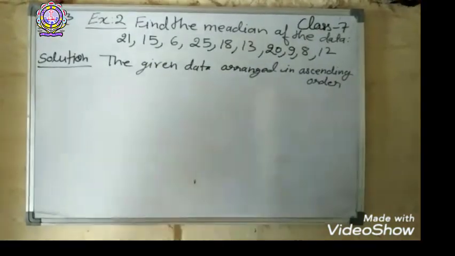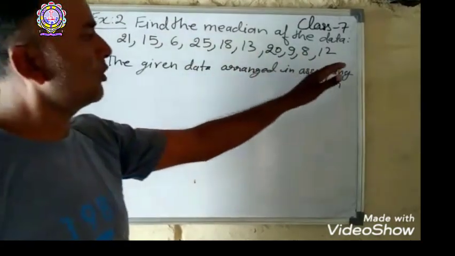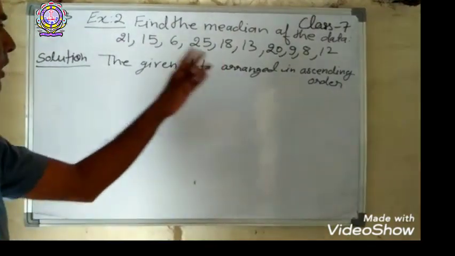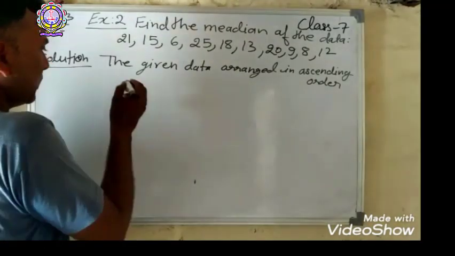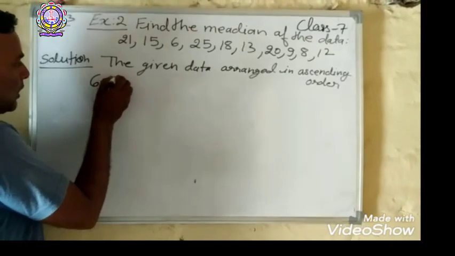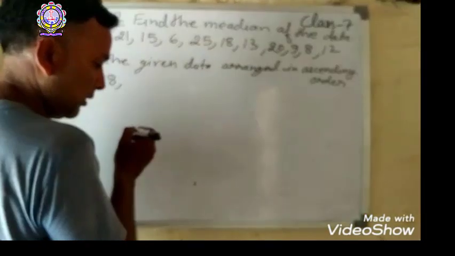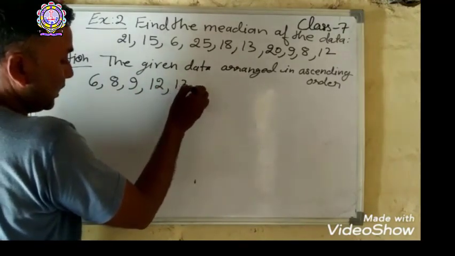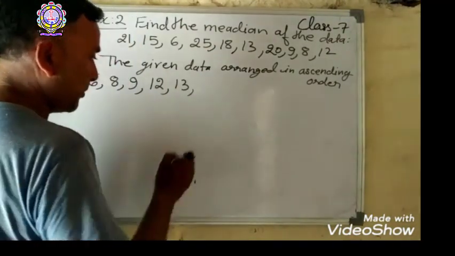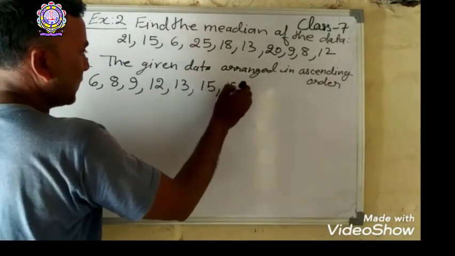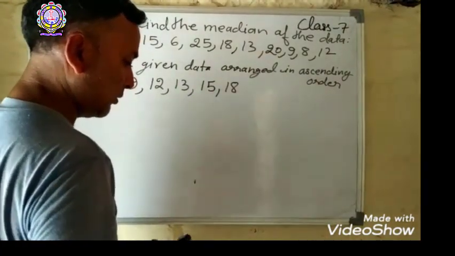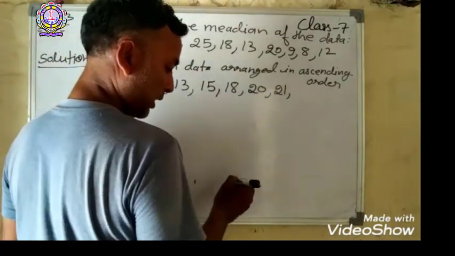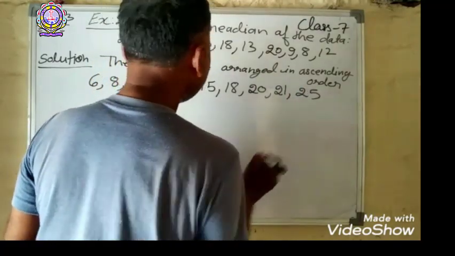So arrange this in ascending order. Which is the lowest observation? You observe here 6. Later on 8, 9, and then 12, 13, and so on. So first is 6, second 8, third 9, then 12, then 13, then 15, then 18, and then 20, then 21, and the last number is 25.